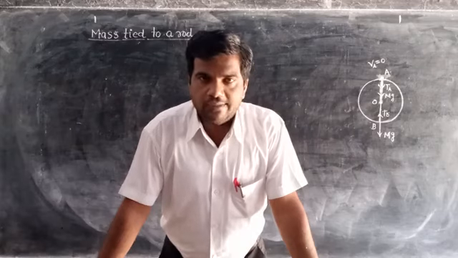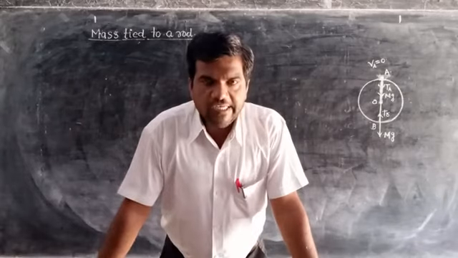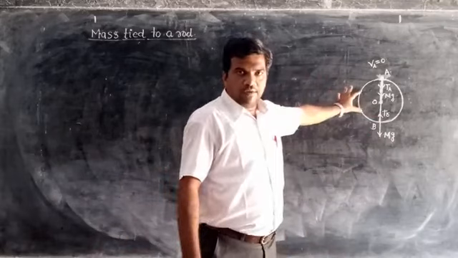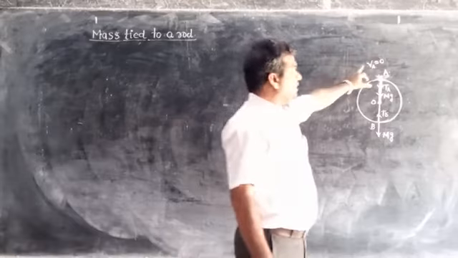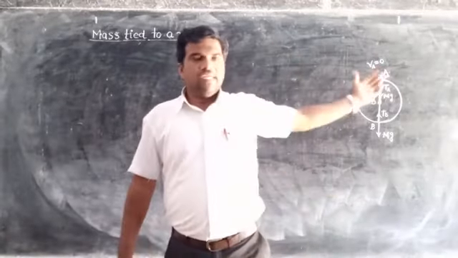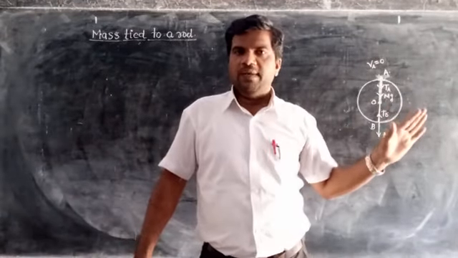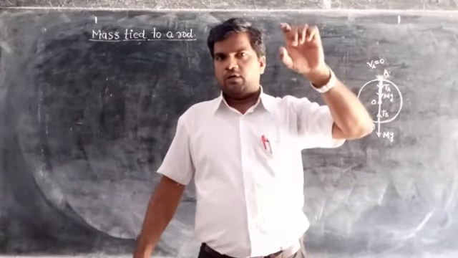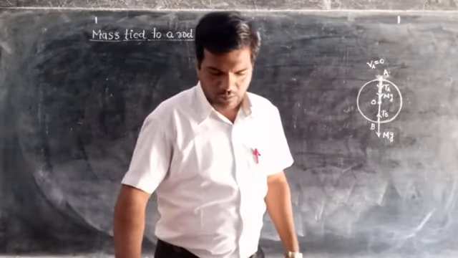Means tension is not necessary at all points. Thus, zero speed is possible at the highest point. In case of the string, the speed at the highest point is V equal to under root Rg. That is the minimum speed. But in case of the rod, this is not necessary. Means no minimum speed is necessary, and therefore the speed at the highest point is 0. That is V is equal to 0.